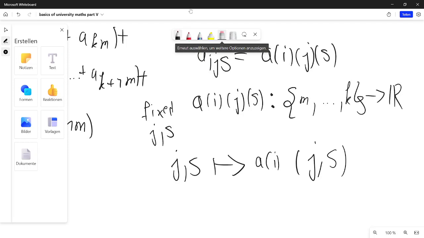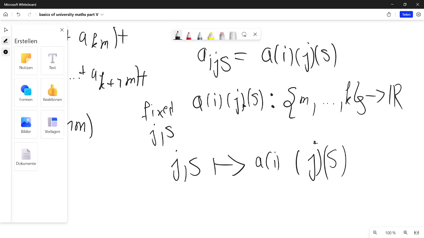Let's not write it differently to not confuse you. We just take J and S and we evaluate that. And this gives us a function A_i. You could forget for a second that, but just recall that it is fixed.